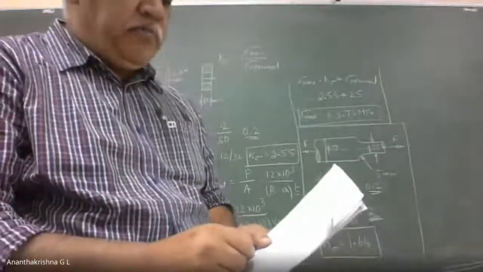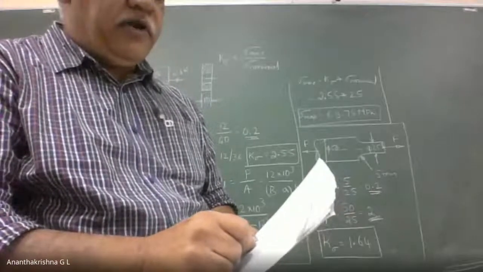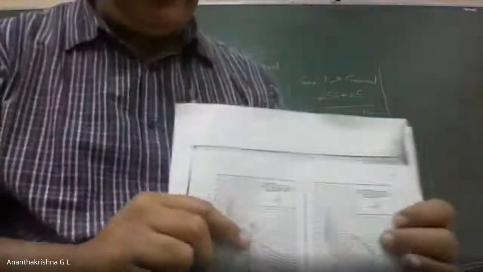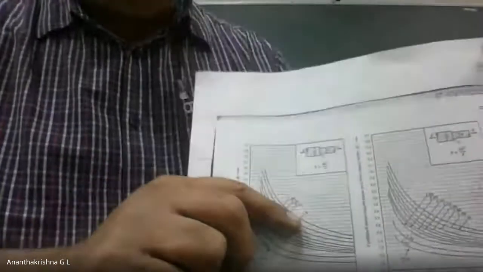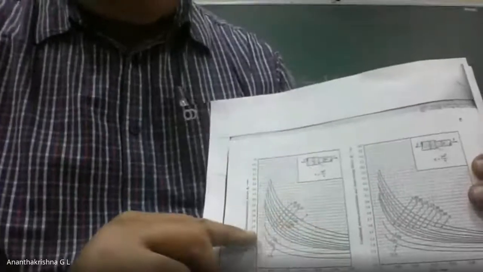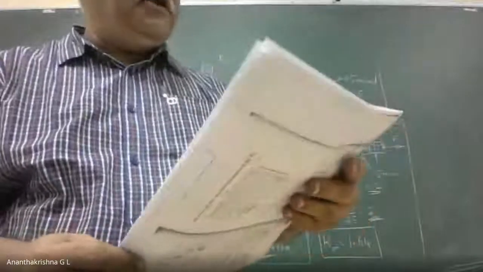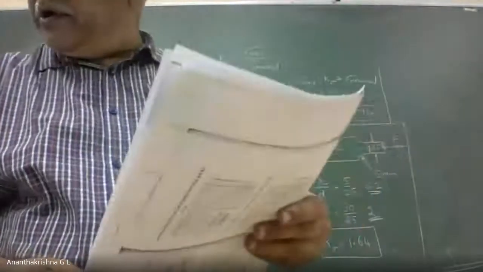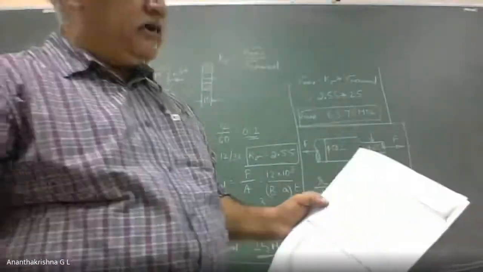If you go to 0.2 and travel upward till you touch the curve of D by d is 2, the topmost curve, and then travel to the left, it falls between 1.6 and 1.7 on the y-axis.